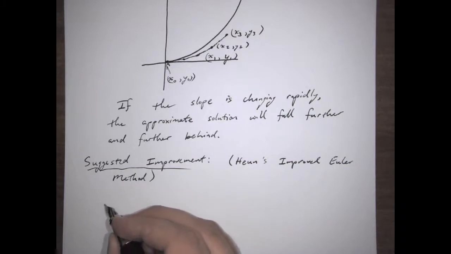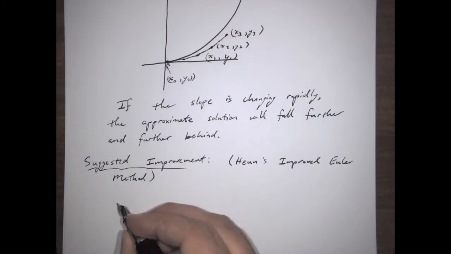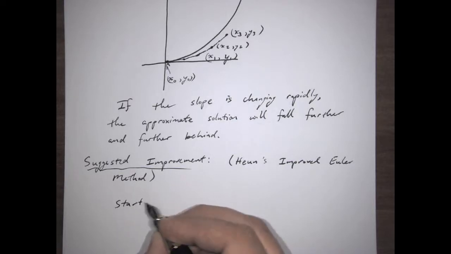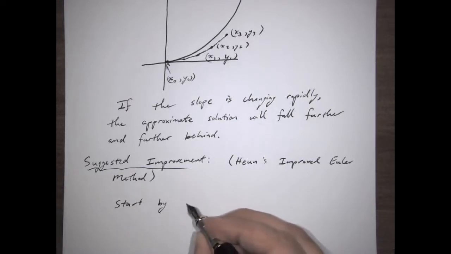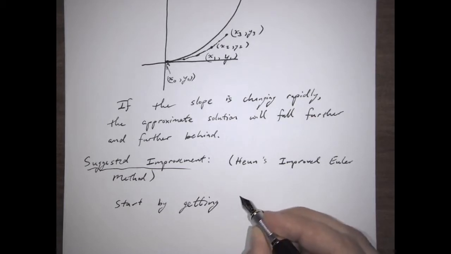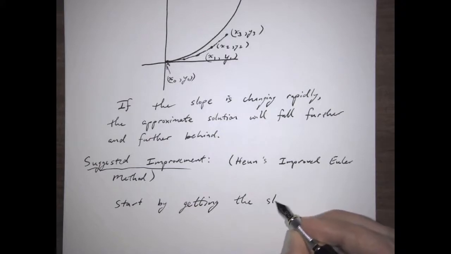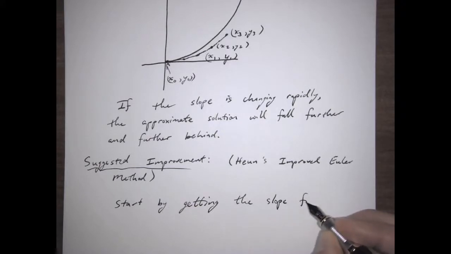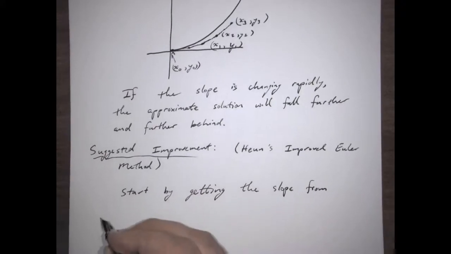So the suggested improvement here is to start by getting the slope from classic Euler.